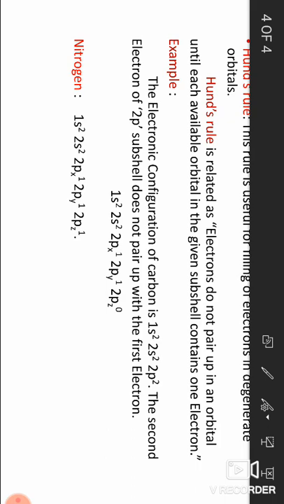Hund's rule. This rule is useful for filling of electrons in degenerate orbitals.